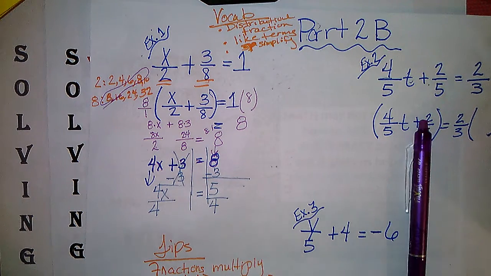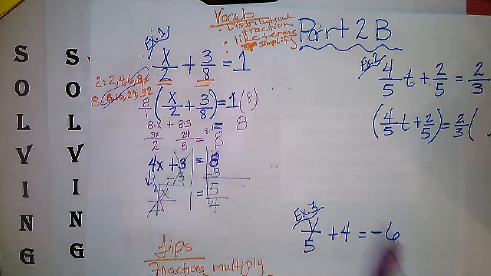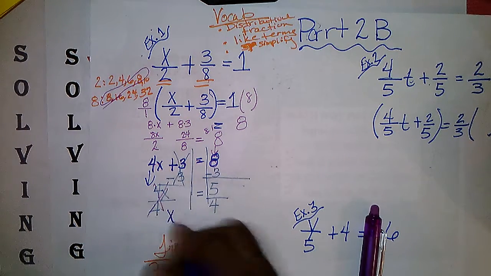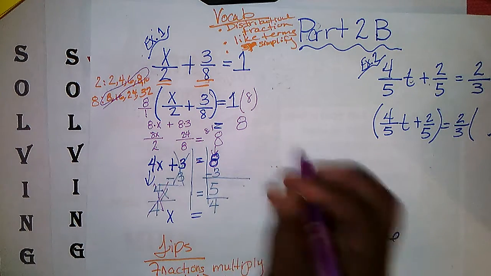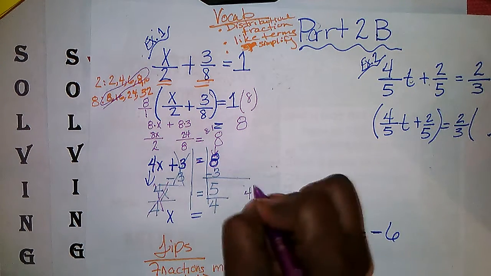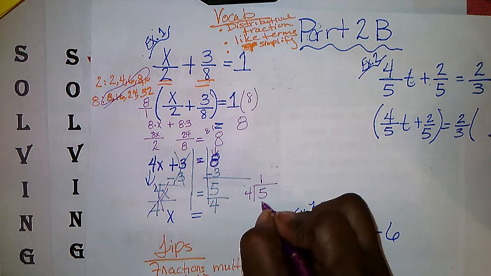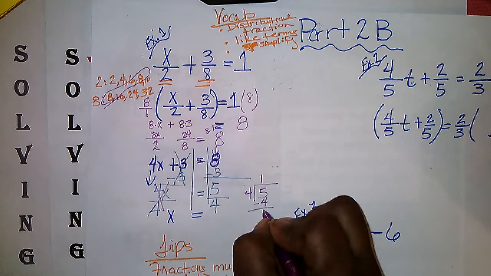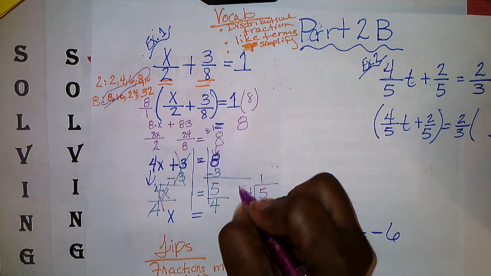So 4 goes into 4 one time, leaving us with an x. 4 goes into 5 one time. I'm just going to break this down so we're all on the same page.